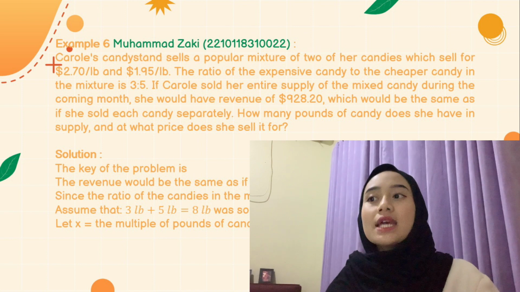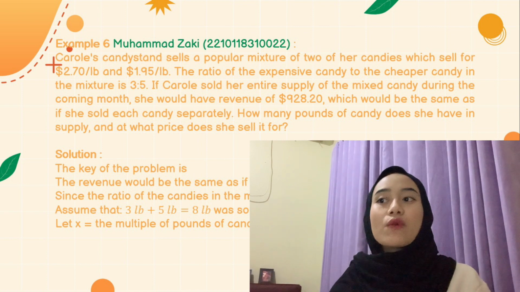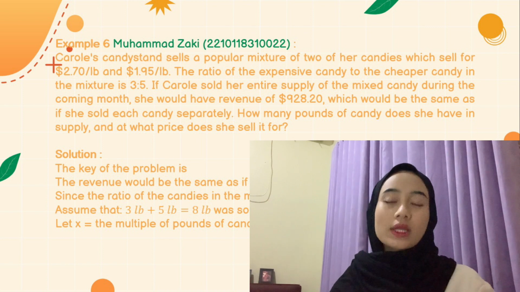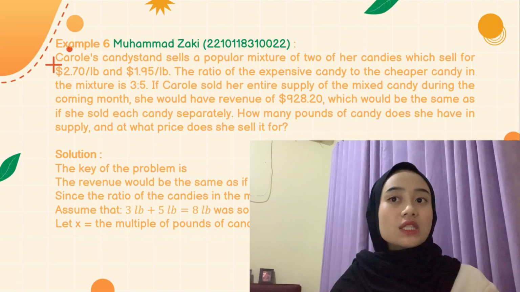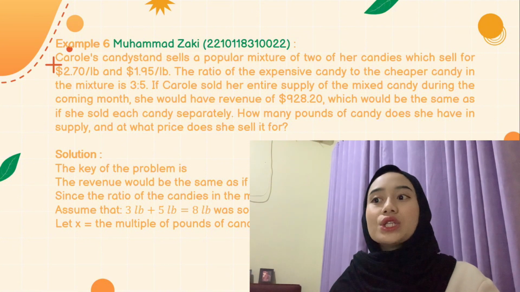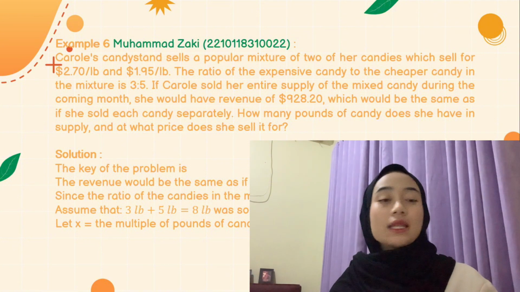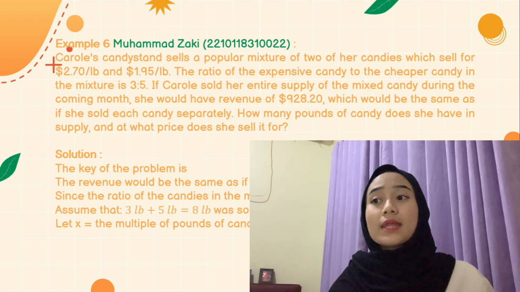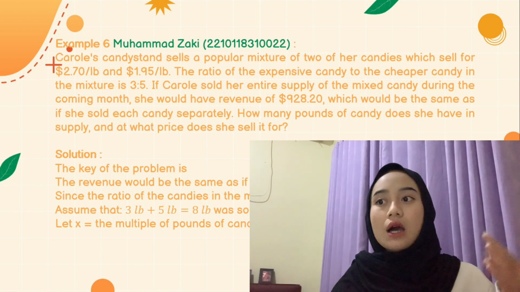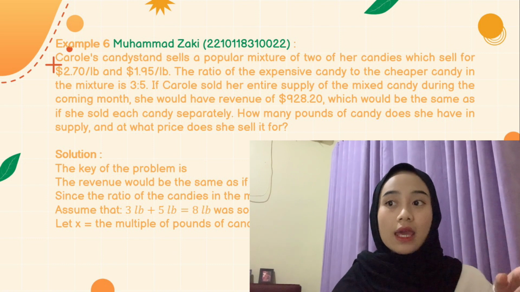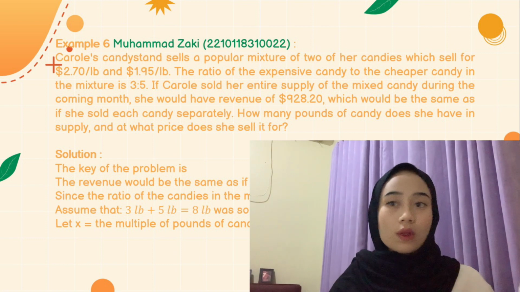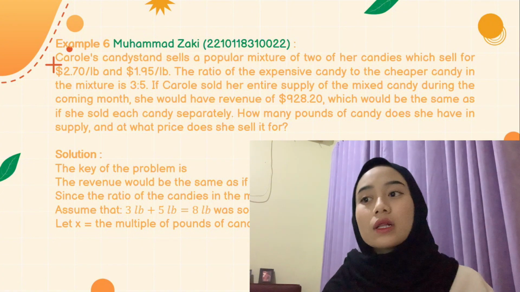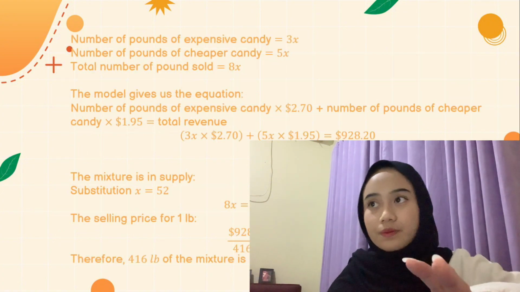And the solution. The key of the problem is that the revenue would be the same as if she sold each type of candy separately. Since the ratio of the candies in the mixture is 3 to 5, assume that 3 pounds plus 5 pounds is 8 pounds was sold. Let x be the multiple of pounds of candy.